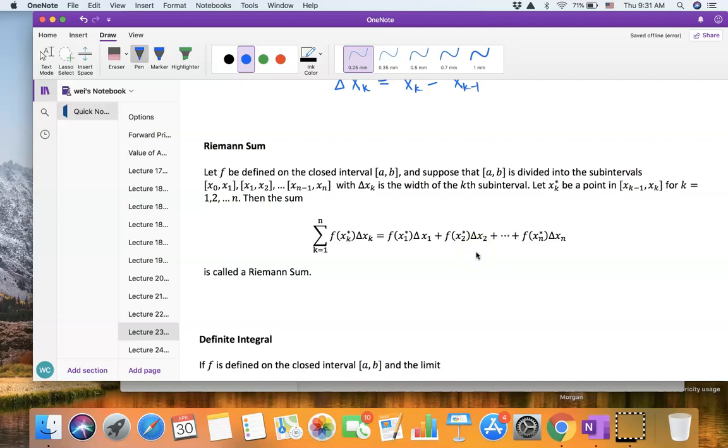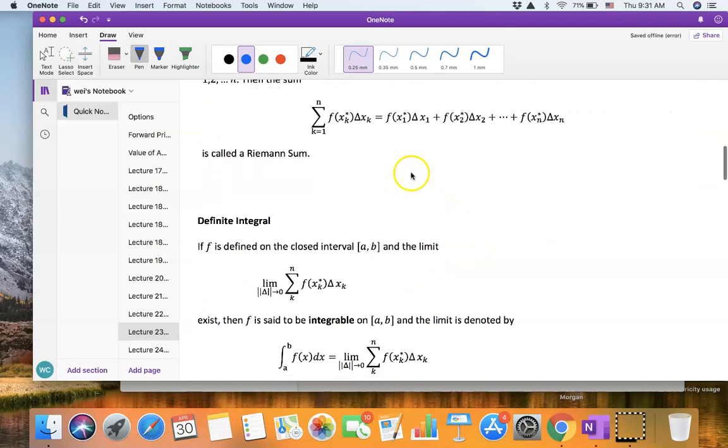Now, if we take the limit of this Riemann sum as this symbol approaches 0.